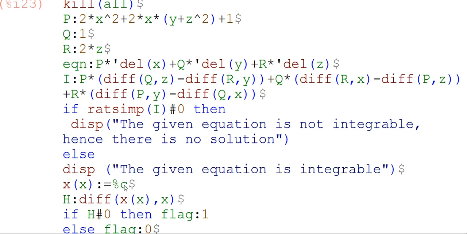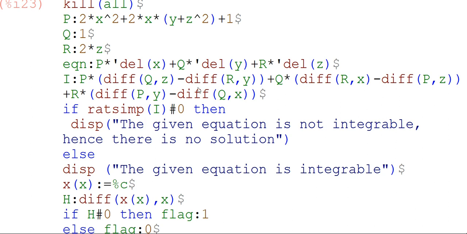I don't want to display this output, so we have kept it as it is. In the next step, we have taken the condition of integrability. That is I colon p star dou q by dou z minus dou r by dou y, that is diff of q comma z minus diff of r comma y, plus q star dou r by dou x minus dou p by dou z, that is diff of r comma x minus diff of p comma z, plus r star diff of p comma y minus diff of q comma x.